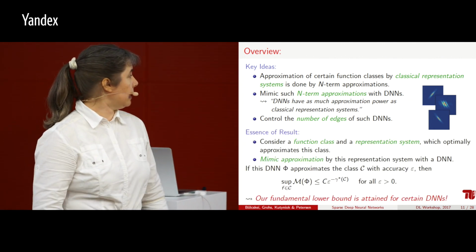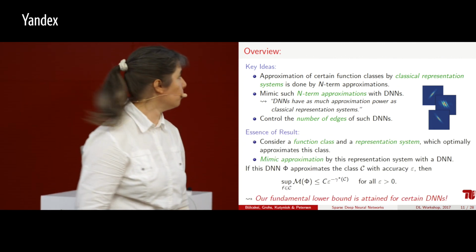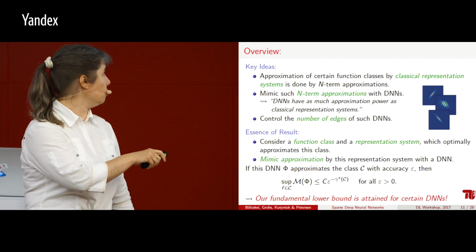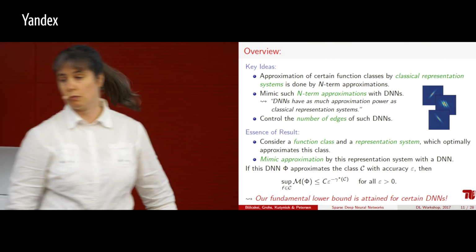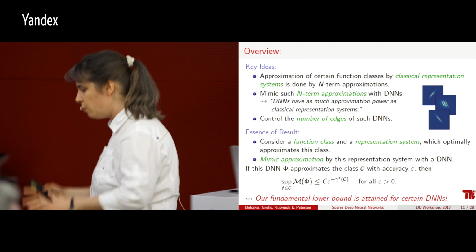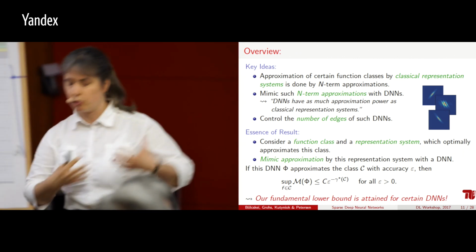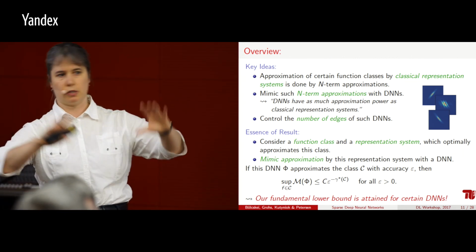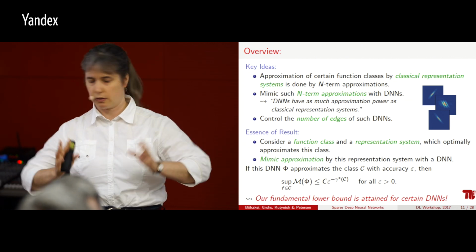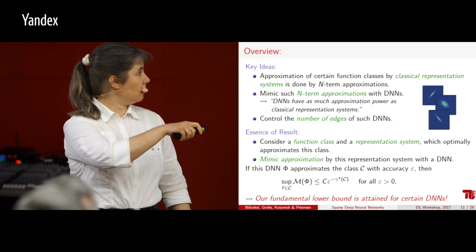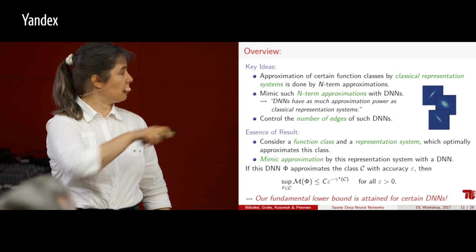Now, the essence of the result we will see in a moment is as follows. Let's assume I have a function class and a representation system where I know this gives me the best approximations of my function class. And there are various examples for wavelets and so on. Then I want to mimic the approximation by a neural network.